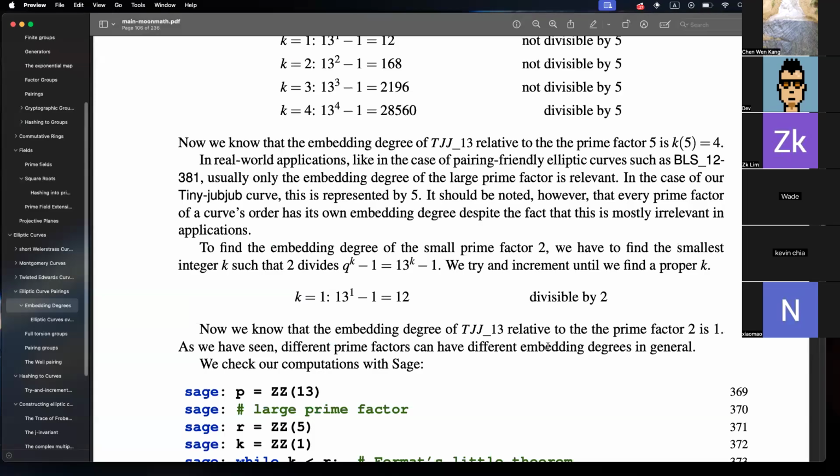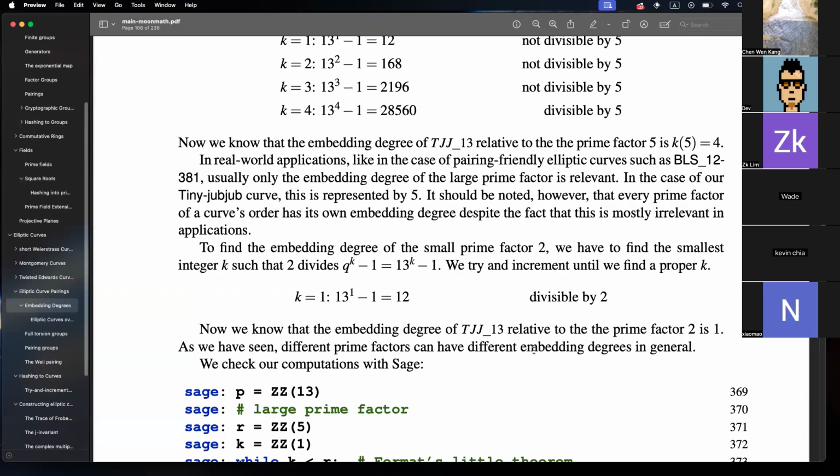It might also be related to some security concerns, like the security factor. So I'm not quite sure why it specifically chooses 12 for BLS. But I believe generally speaking, when it comes to pairings, we want small embedding degrees.